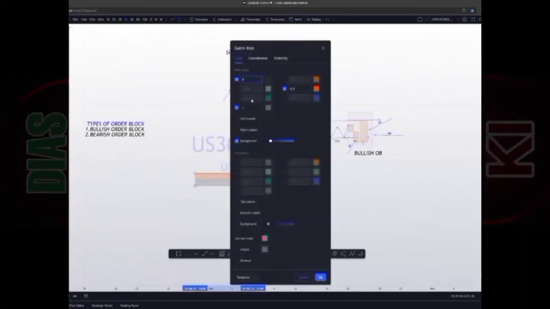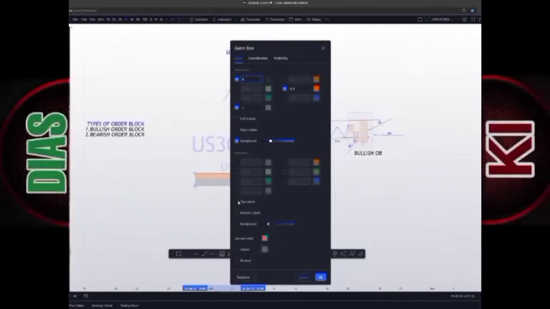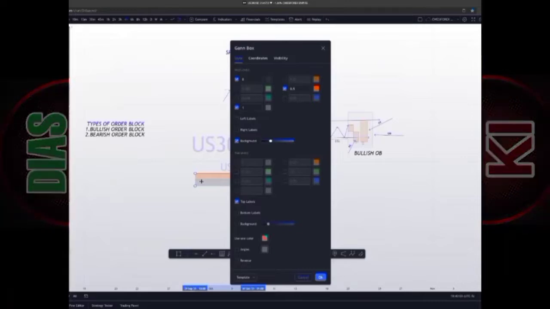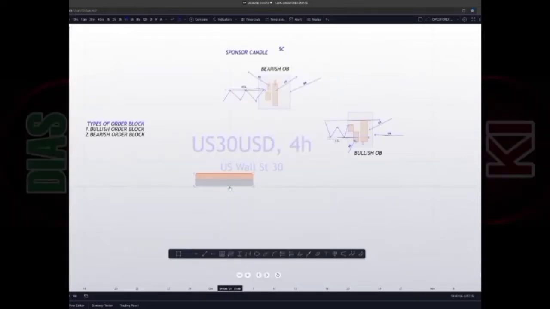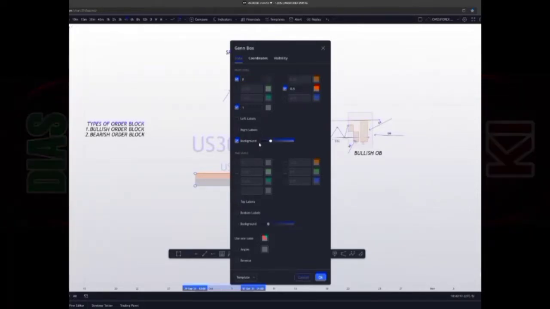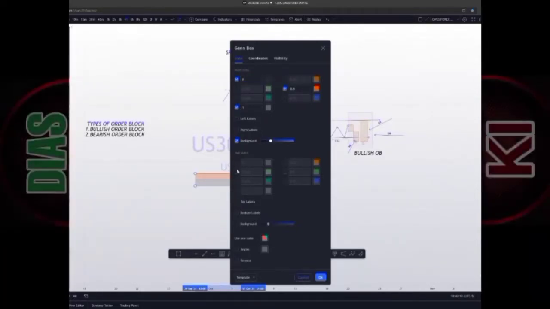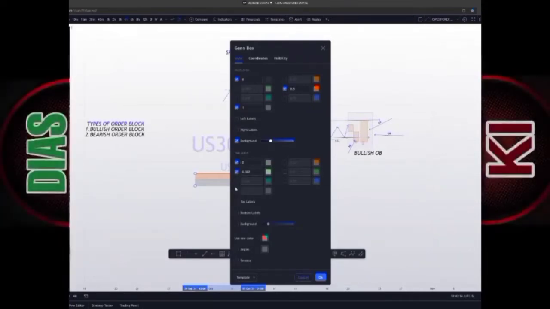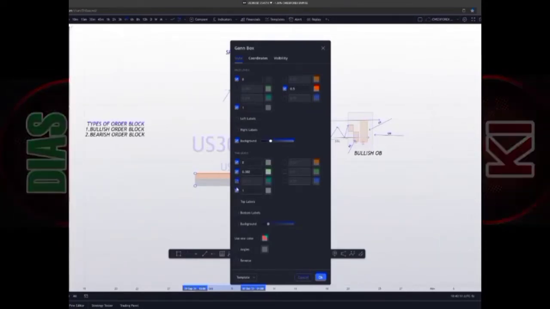If you don't want the price to show or the labels to show, you just remove it over there. Uncheck them. Uncheck all this over here.